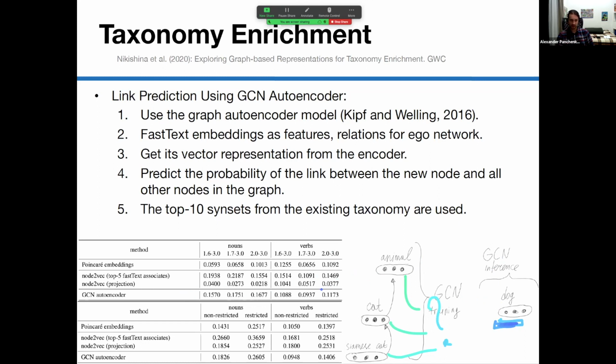As you can see, it works to some extent, but also what helps is that it works better than Poincare embeddings, which is another way to encode trees or symbolic structures in vector space. But in some cases, simple node2vec is also sufficient to solve this task.